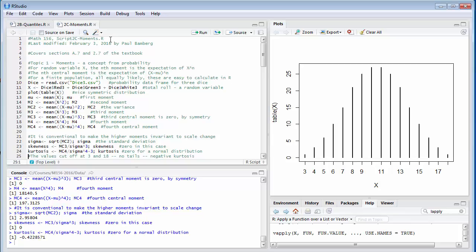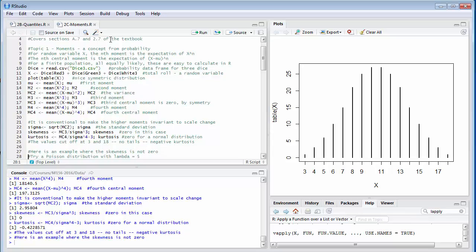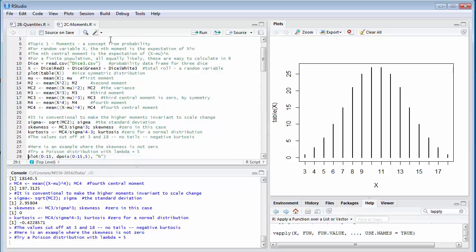Now, in this particular case, the possible values cut off at 3 on the low end and 18 on the upper end, so you can argue there are no tails at all, and that's why the kurtosis is negative, like my Manx cat.